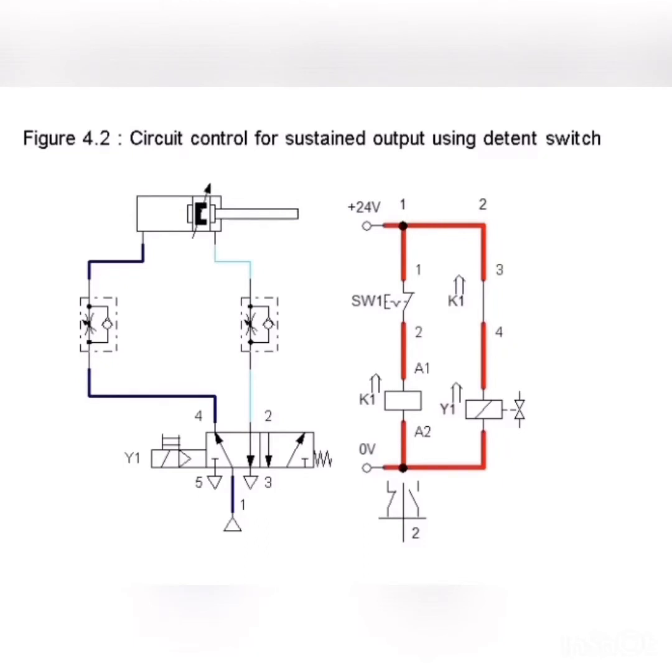However, there will be no air through the valve as the way is blocked. The function of the detent switch is that it keeps the selected position, and it makes the position unchanged until a new switch position is selected.